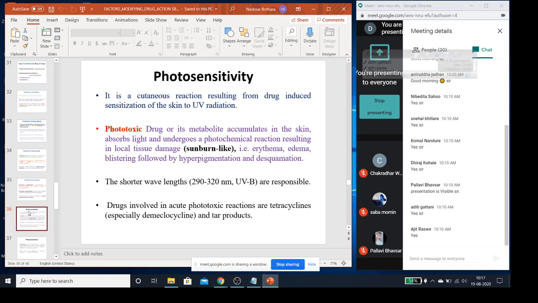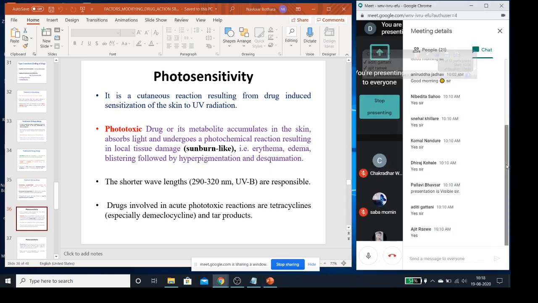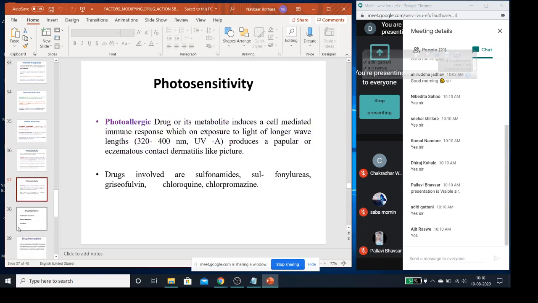The shorter wavelength UVB response is responsible for this. Drugs involved in acute phototoxic reactions are tetracycline, particularly demeclocycline, and some tar products. They cause photosensitivity. Then photoallergic reactions: the drug or its metabolite induces a cell-mediated immune response, often on exposure to light of longer wavelength, that is 320 to 400 nanometer, or the UVA range.